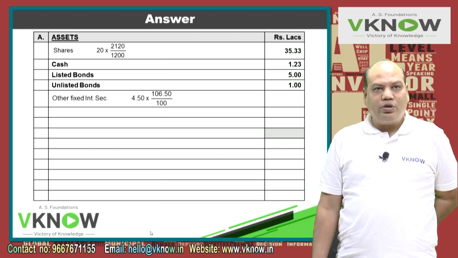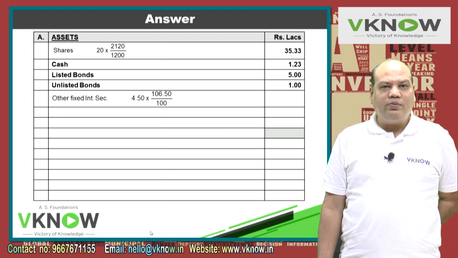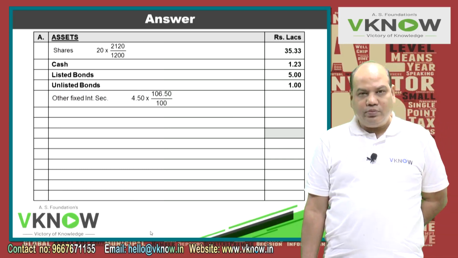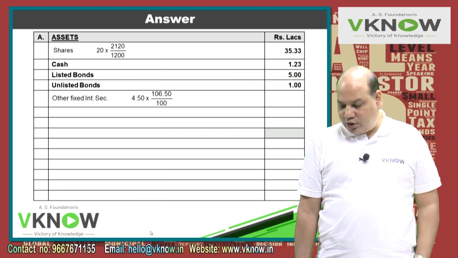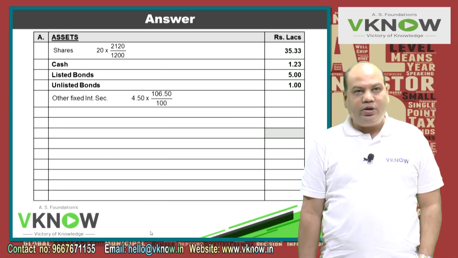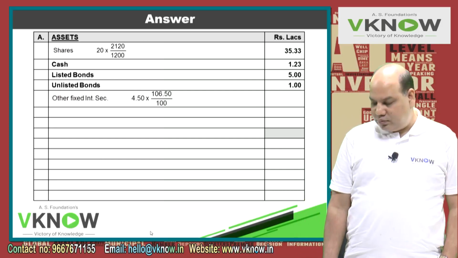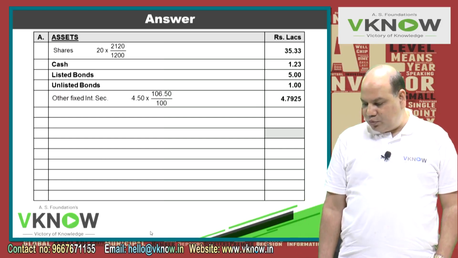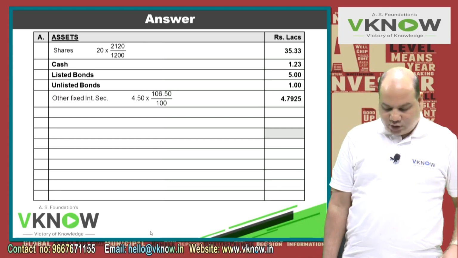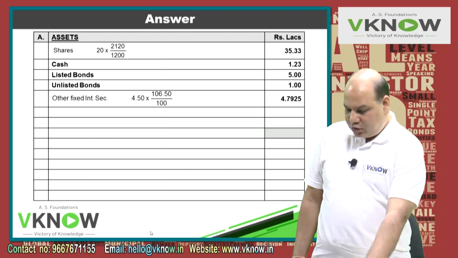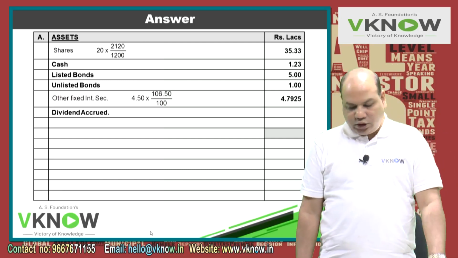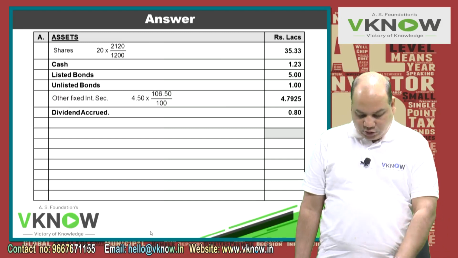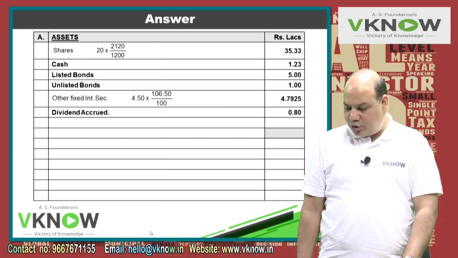Other fixed interest securities, we have to take them at their realizable value. 4.50 into 106.50 divide by 100, and that is 4.7925. Kindly check. Then dividend accrued also you will add. Dividend accrued is how much? Same figure, book value 0.80.